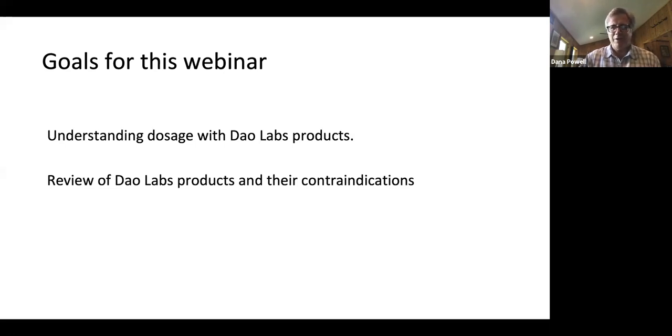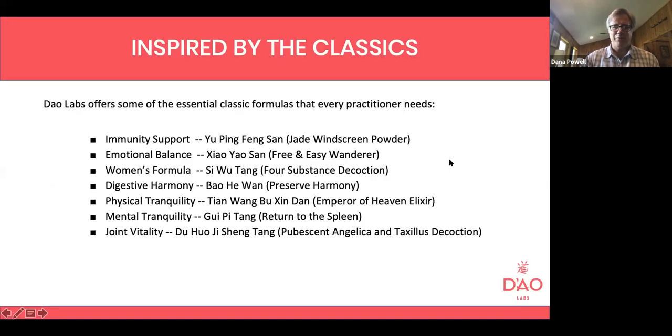So let's talk about dosage for a sec. I'm going to just introduce the formulas, and we'll get to dosage. For those of you who are familiar with all of our products, here's a quick list of them and what the products are in Chinese. We have what we call immunity support, better known as jade windscreen powder in Chinese. Emotional balance is free and easy wanderer. Women's formula is the four substance decoction.